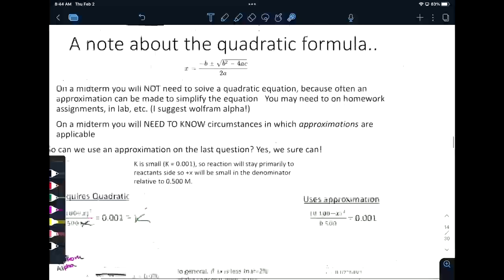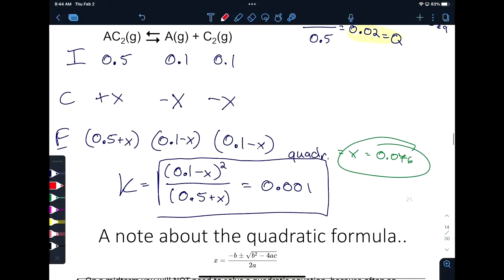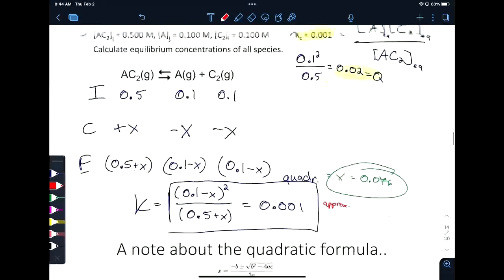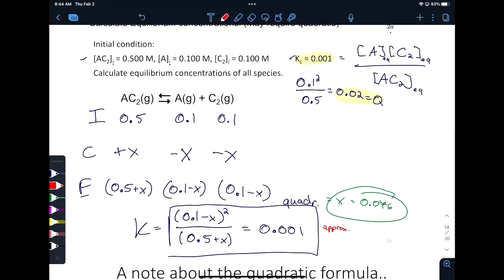So let's actually go back and solve this question. With the quadratic formula, you get that x is equal to 0.076, but with the approximation, you get that the value of x is 0.077. On an exam, those two numbers aren't going to make a difference, especially if it's numerical, because we always put a certain percentage tolerance on it.